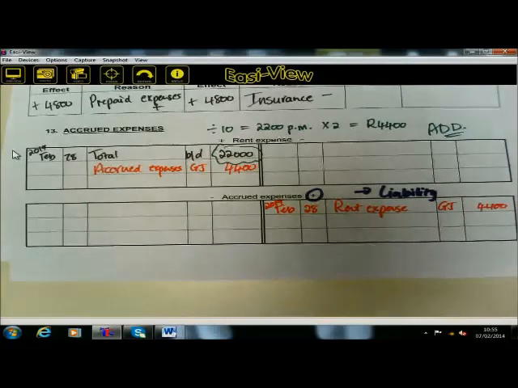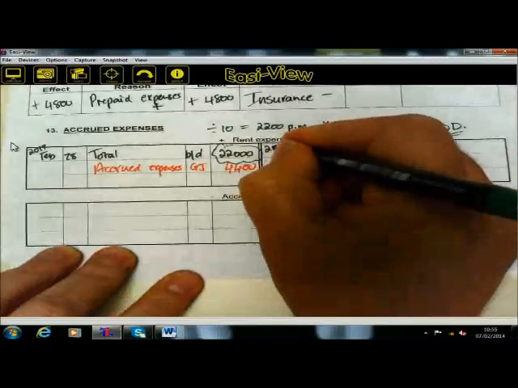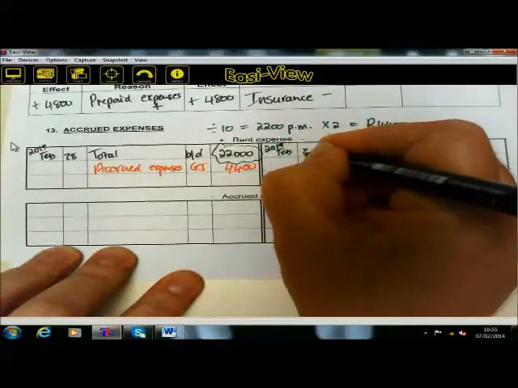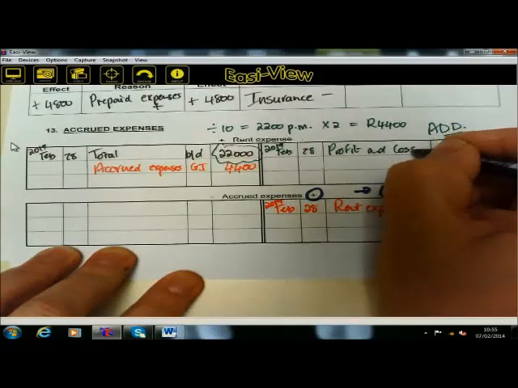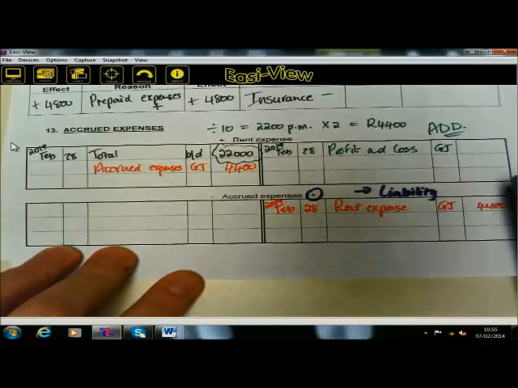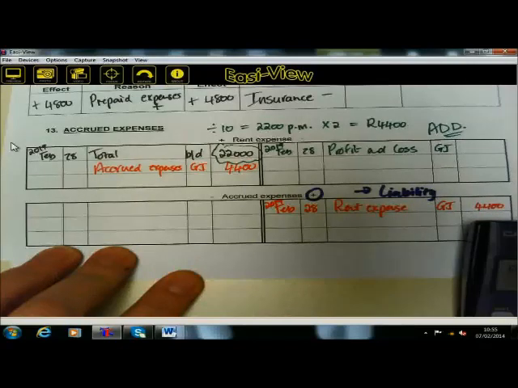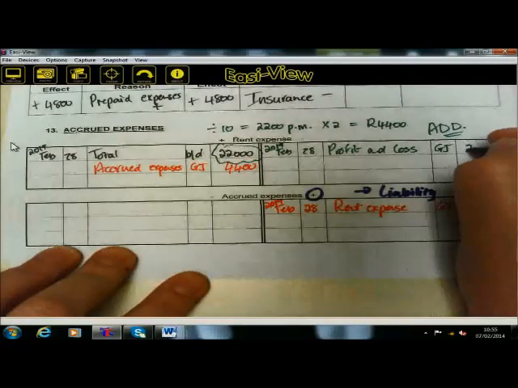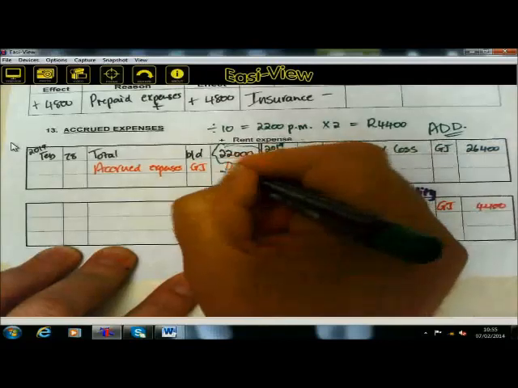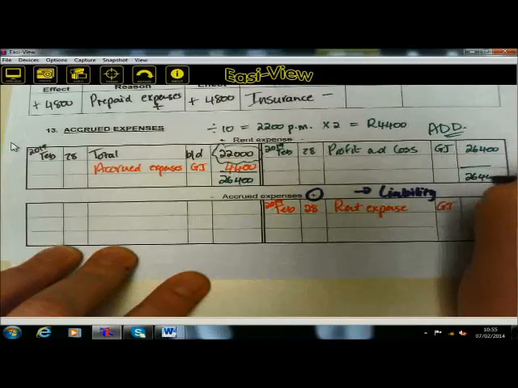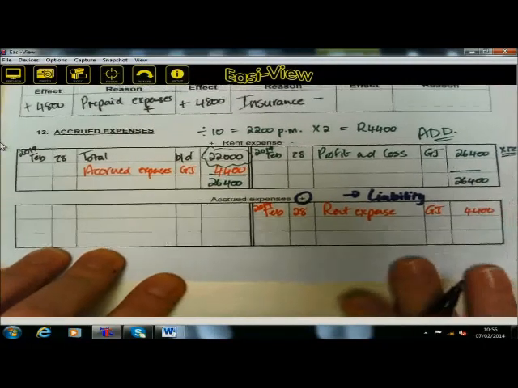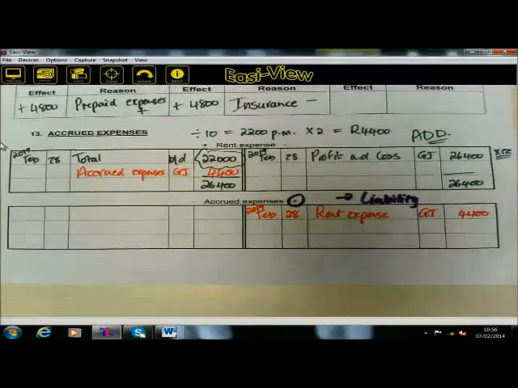We didn't pay all our rent, so we owe money, and this one will go to the profit and loss account at the end of the year, in the GJ, as 22,000 and 26,400. That gives you rent for 12 months.